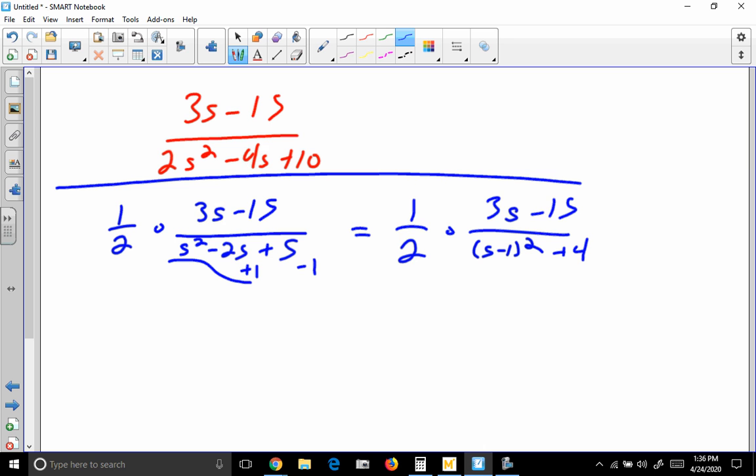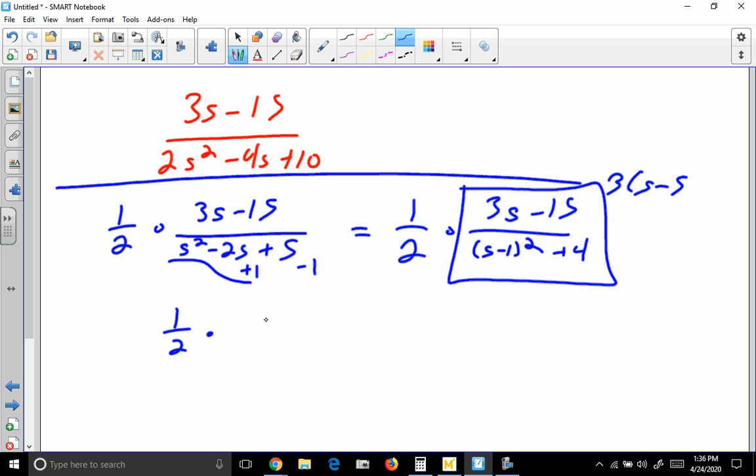The top needs to have either an s minus 1 or a 2. It doesn't have either one of those directly. If we factor a 3 out on top, we'd have an s minus 5, not an s minus 1. So it's not exactly like partial fraction decomposition, but we want to rewrite that fraction to have some quantity of s minus 1s on top and some quantity of 2s.